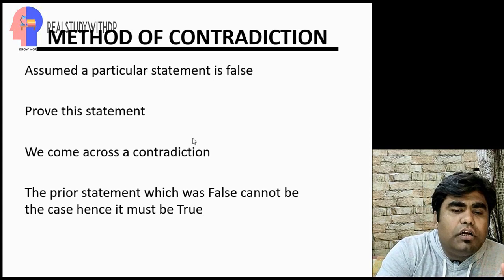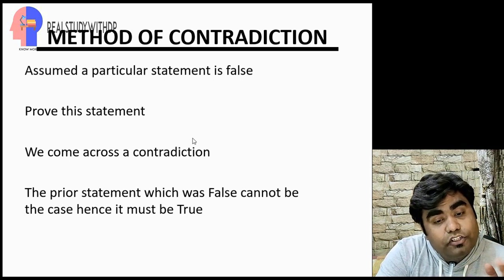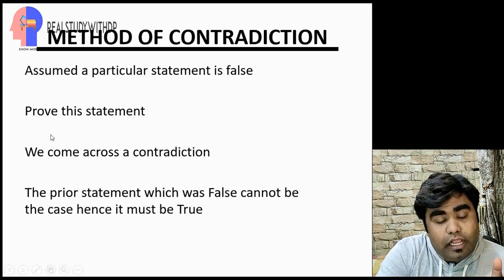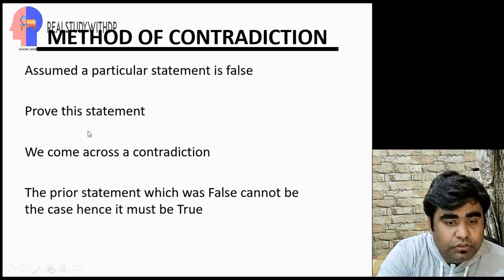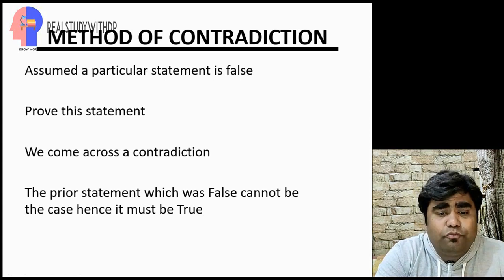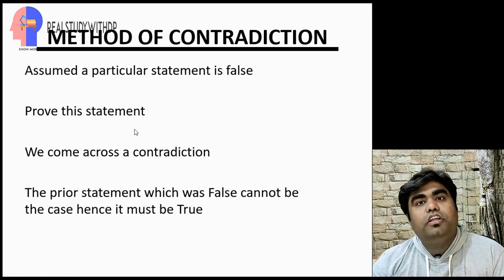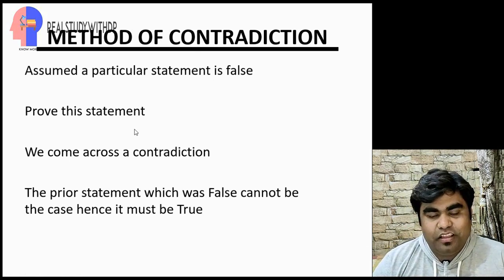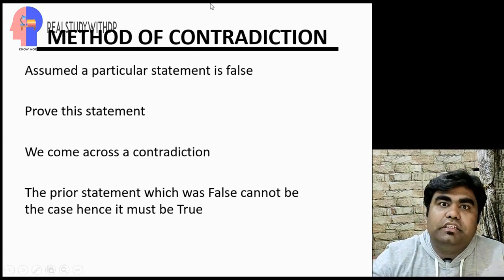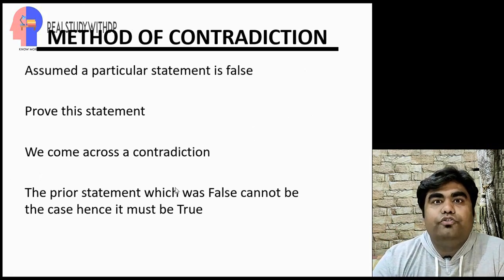After trying to prove that false statement, with the arguments and supporting things that I provide, I'll keep on doing that, and ultimately I will come to a contradiction: whatever I have considered is not going to happen.